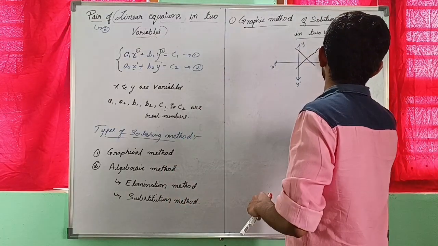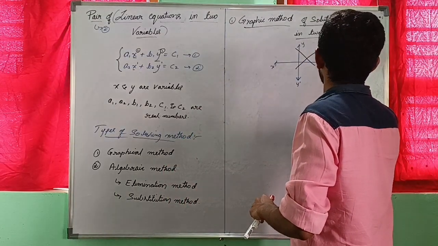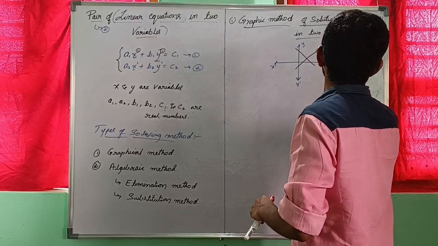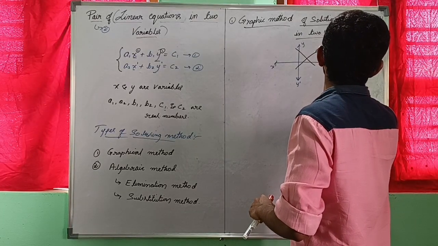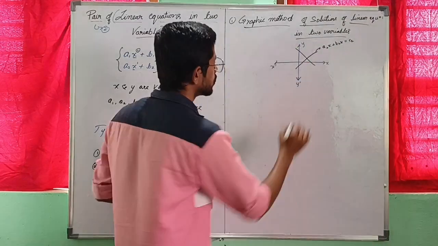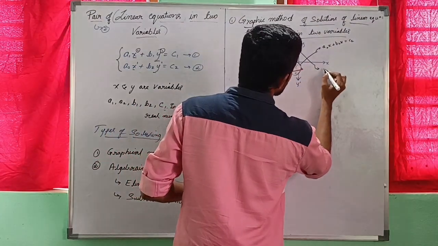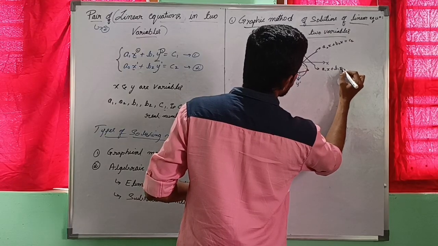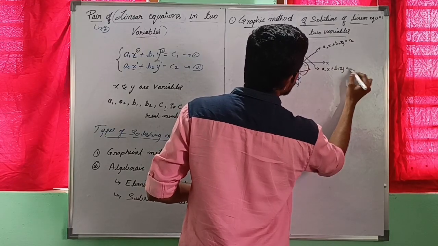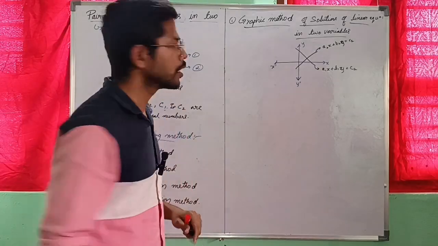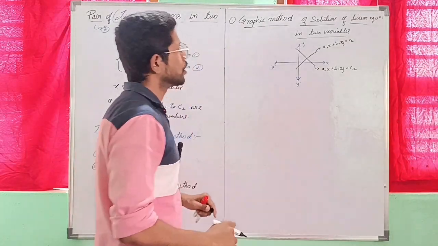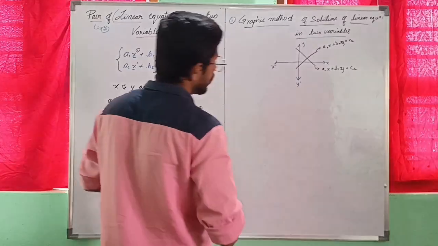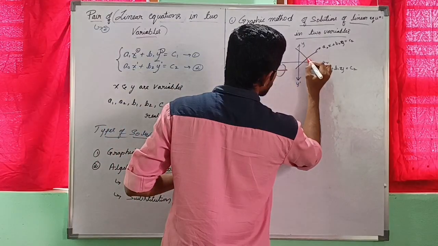This line is the equation a2 x plus b2 y is equal to c2. This line is the equation a1 x plus b1 y is equal to c1. And here there is an intersection point, right?